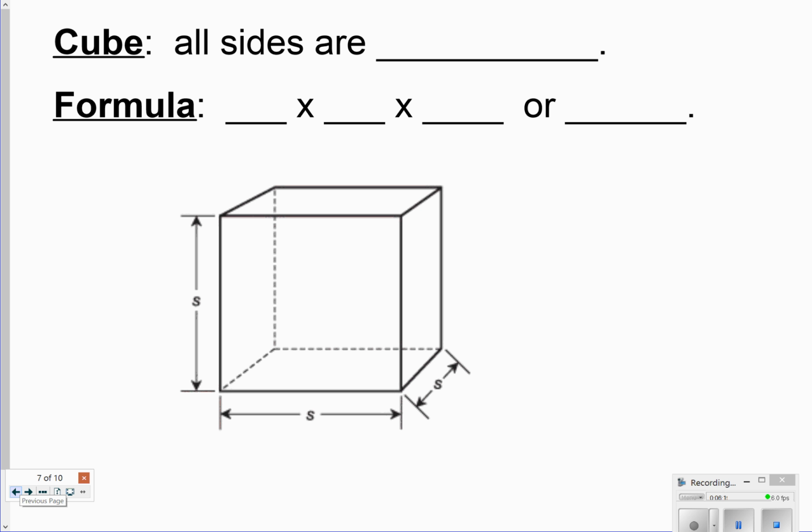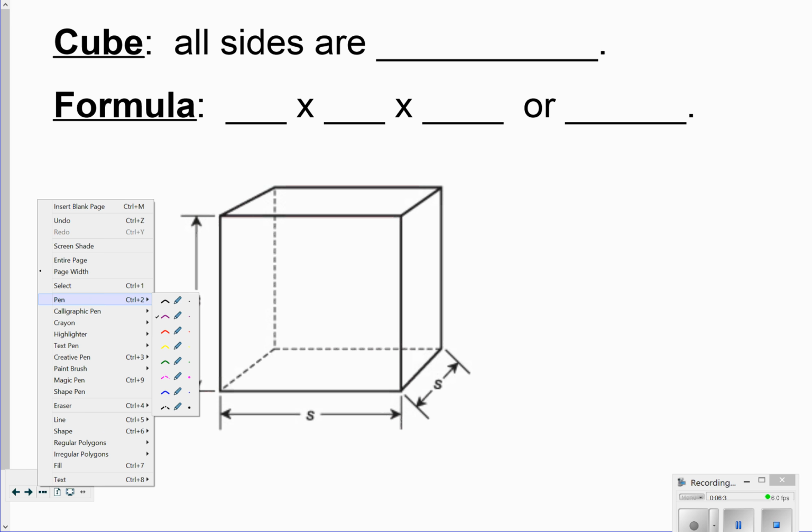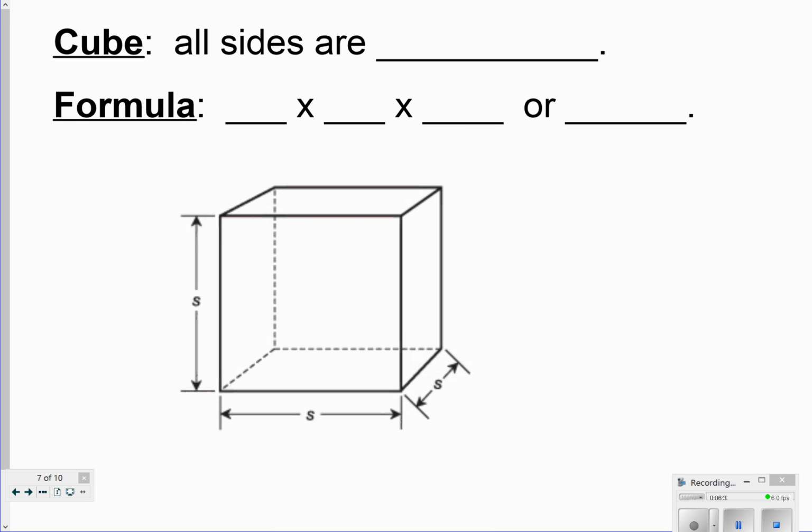All right, let's do some examples and see if we really understand what we're talking about. So again, all of the sides are congruent. Here we go. All of our sides now are congruent, and if you remember, congruent means same shape, same size. In this case, they're all square shaped, and that's why they're all congruent.